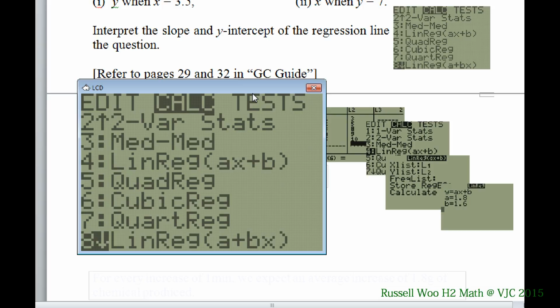You have number 4, linear regression a plus x plus b. That means a now is the gradient. Linear regression a plus bx, b is the gradient. It didn't matter which one you choose. Just do it and read off correctly. Follow what I'm saying? You choose the right one and just read properly.